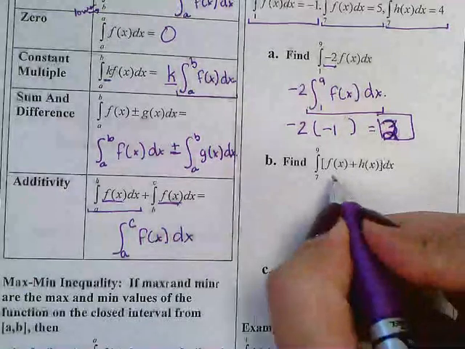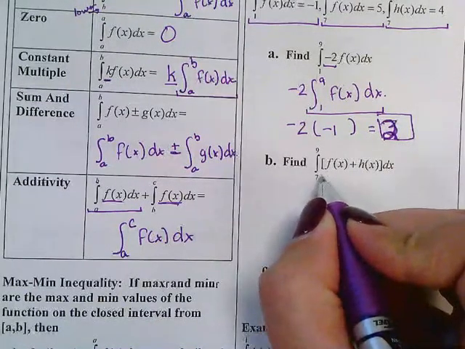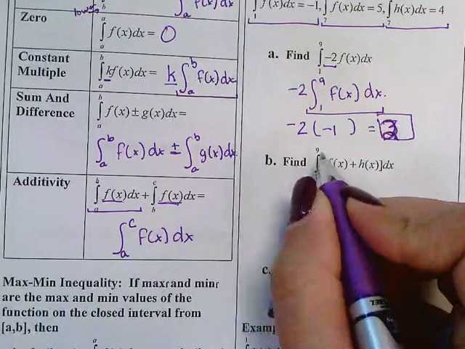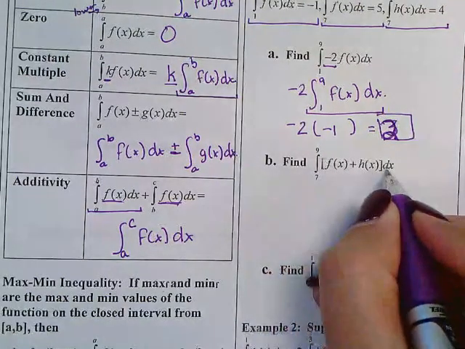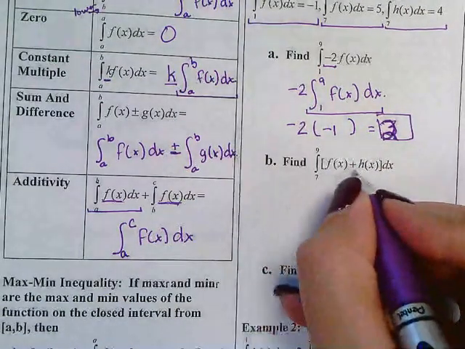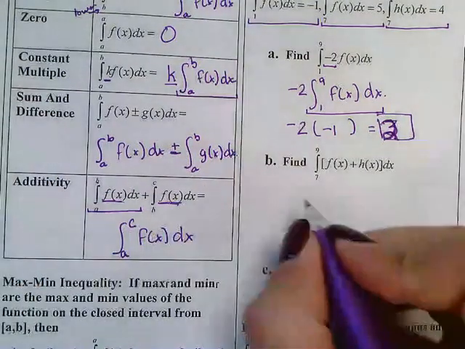Alright, next. So here it says, what is the integral from 7 to 9 of f of x plus h of x? So what we could do right now is separate these two using the sum property of integrals.